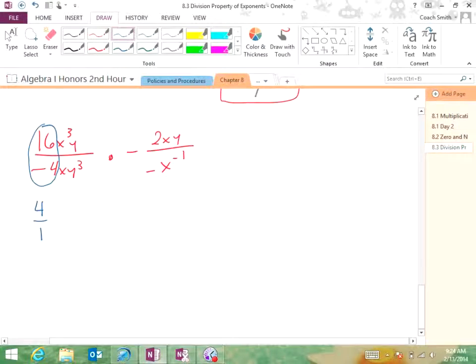Negative sign out in front times x to the second on top, 1 on bottom, times 1 on top, y to the second. So that one reduced is negative 4x squared over y squared.